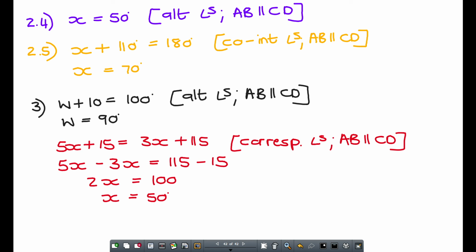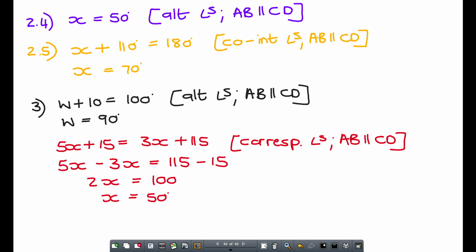Now the last one is the y. Over here, I saw a U. So again, take your page and tilt it so that the blank space is at the bottom. Do you now see a U here? The y plus 50 plus the 110, together, they are inside the U. So it means they are co-interior angles, right?